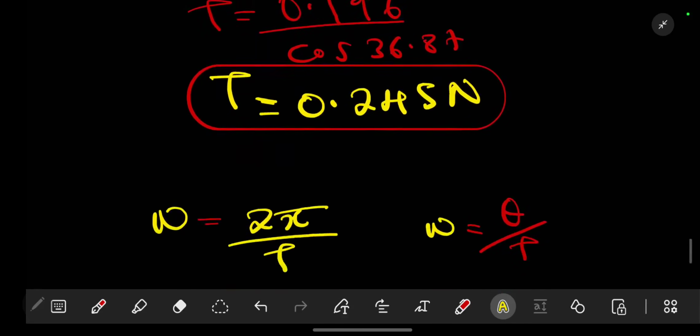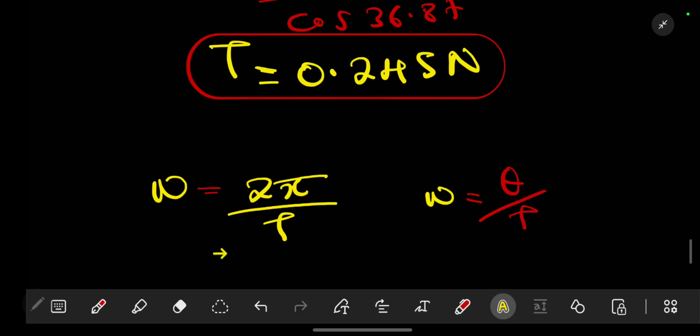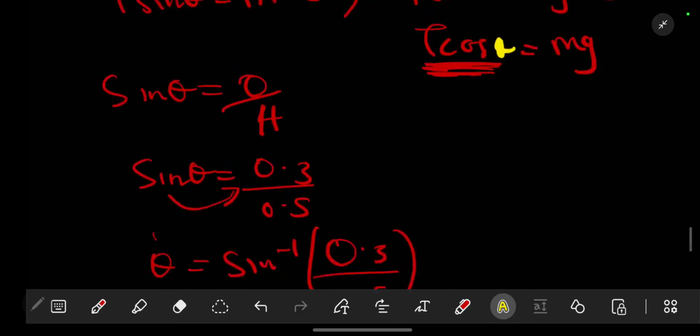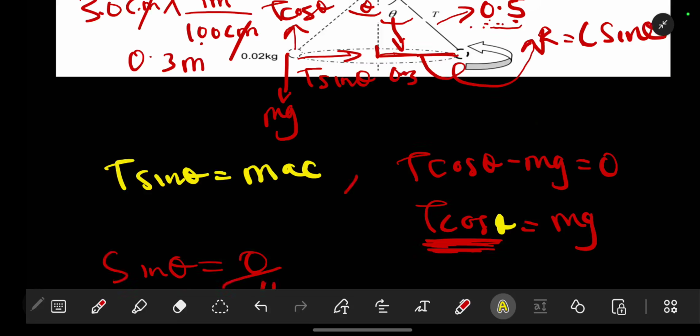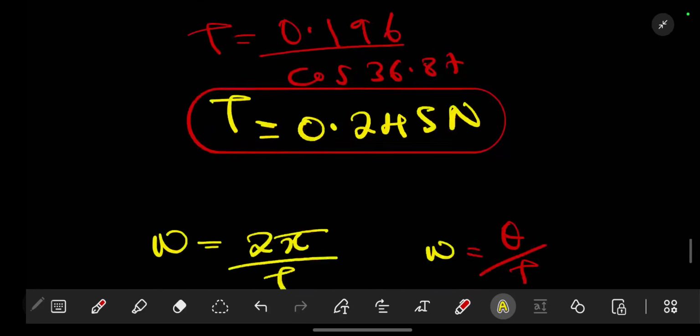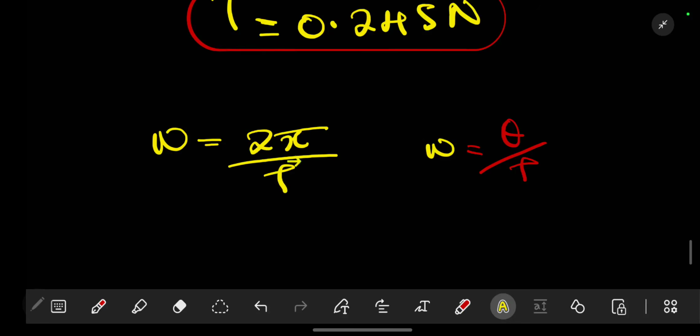Now, do we have the period? We don't. But we can take advantage of this equation, because it can give us the velocity and consequently the angular speed. So this is what we are going to do. If we had the displacement, we could have used it.